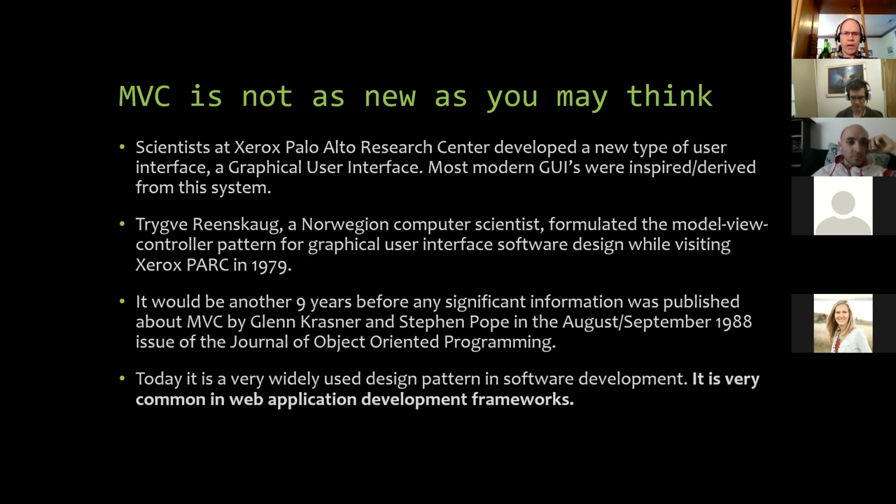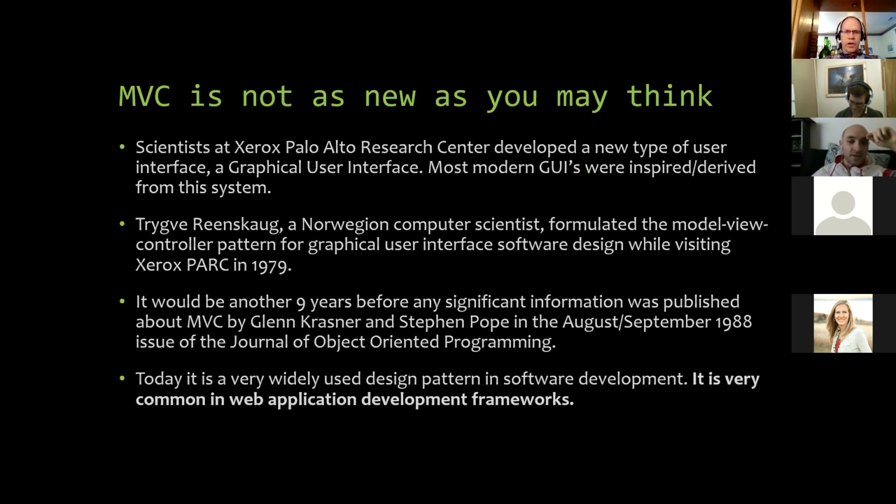And during that time frame, there was a Norwegian computer scientist. I'm not going to try and pronounce his name, but he actually formulated the model view controller pattern for graphical user interface software design while he was visiting the Palo Alto Research Center in 1979.